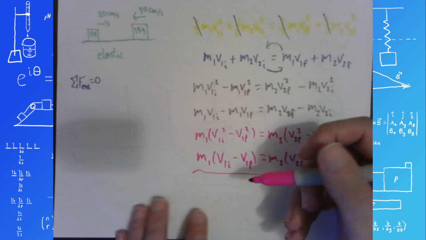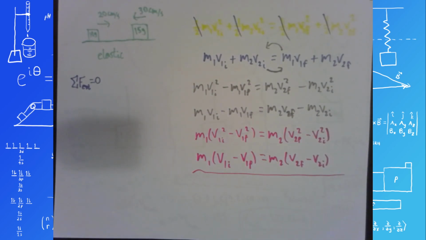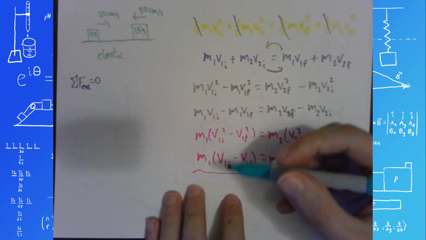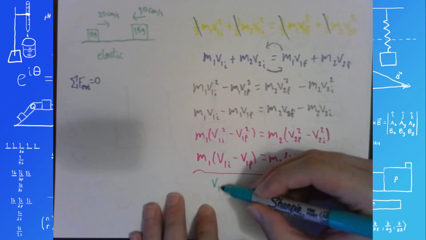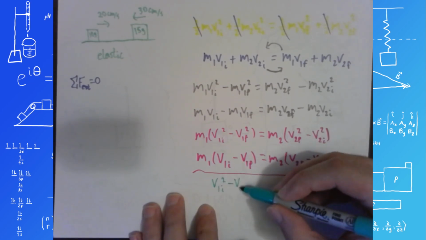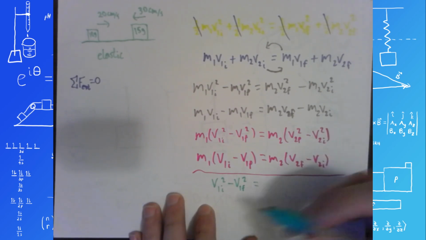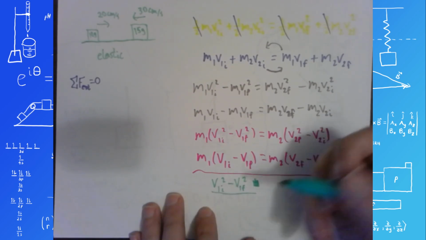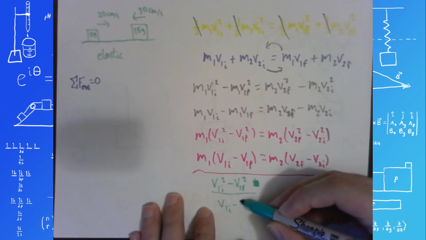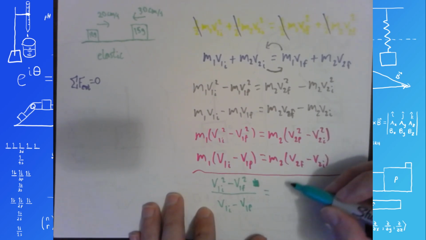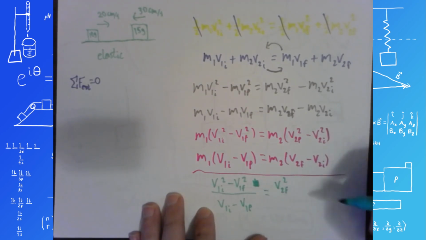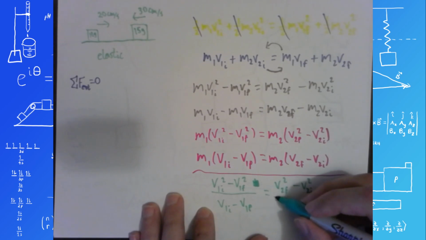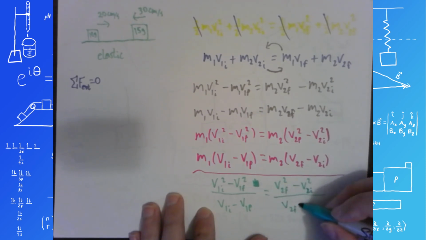So if I do that division, then the mass is going to cancel out, and I will be left with v1 initial squared minus v1 final squared over v1 initial minus v1 final equals v2 final squared minus v2 initial squared over v2 final minus v2 initial.